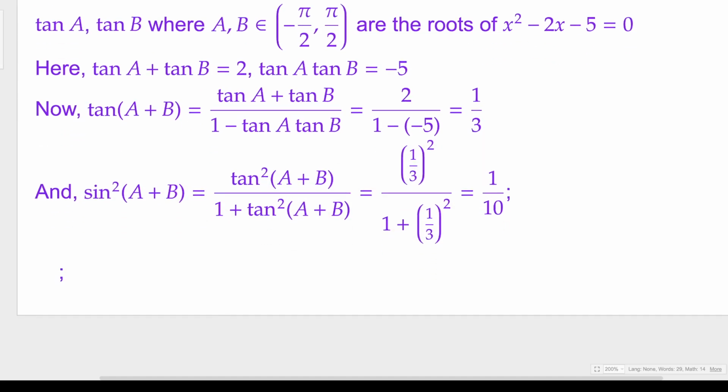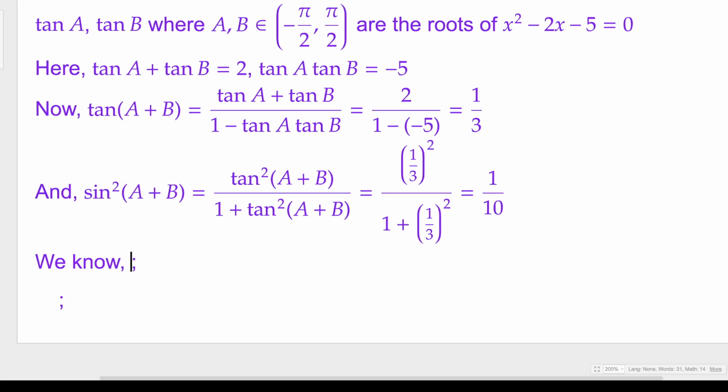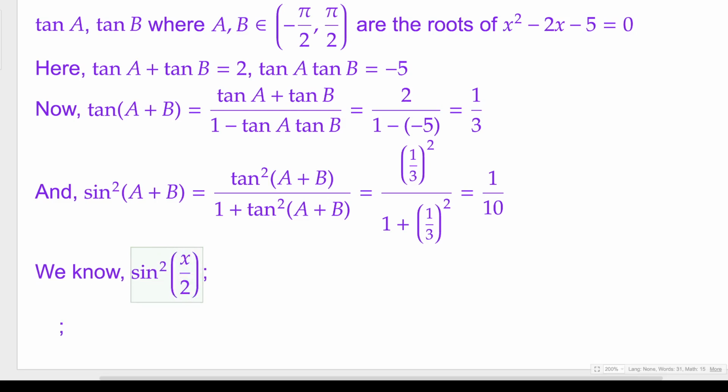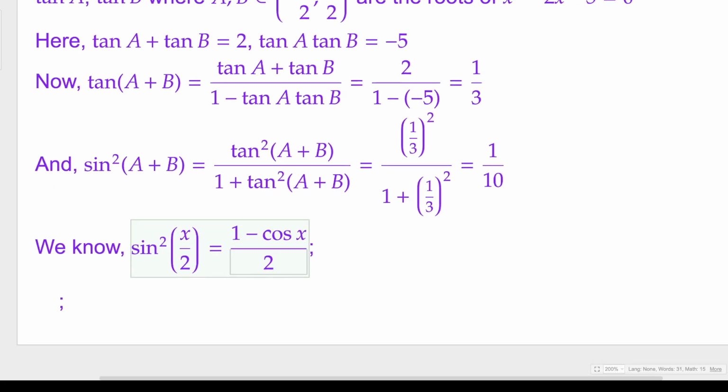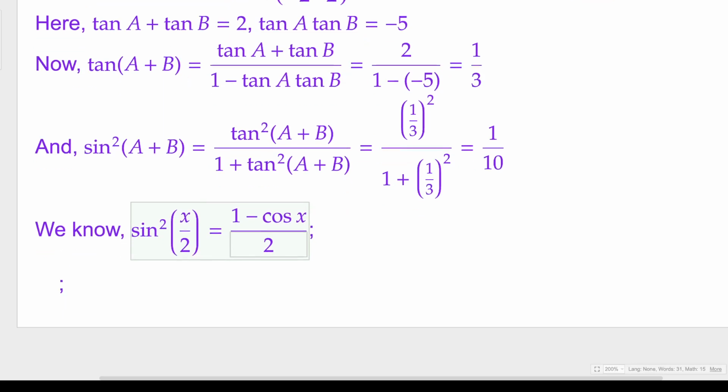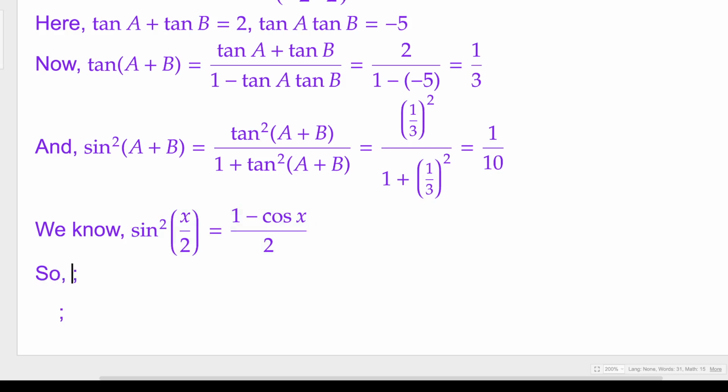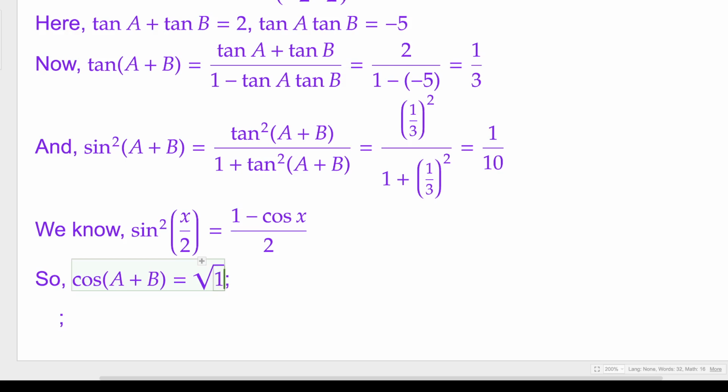Now we are also aware that sine squared of half of x is nothing but 1 minus cosine x by 2. This is the identity we know, and we can derive it using the identities for sine 2x and cos 2x. Now, cos(A plus B) is the square root of 1 minus sine squared (A plus B).